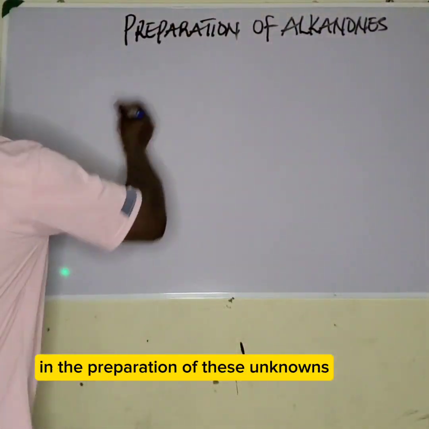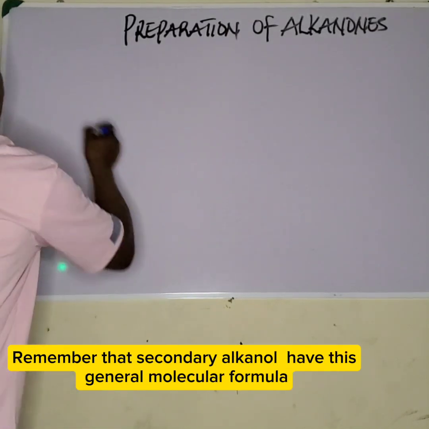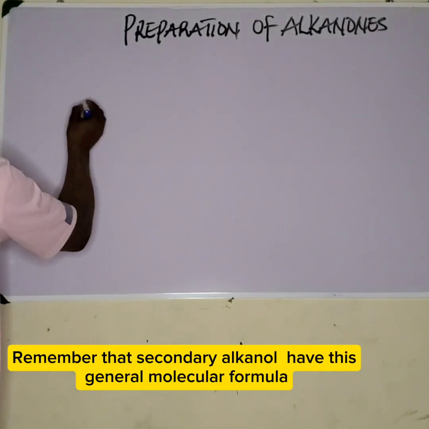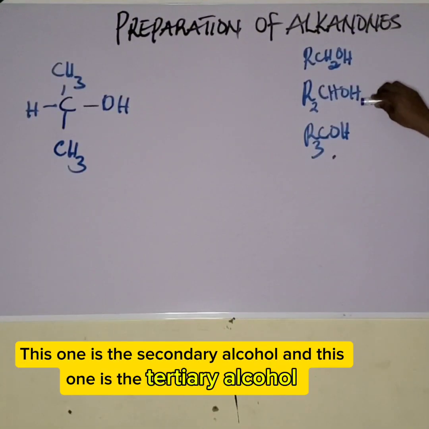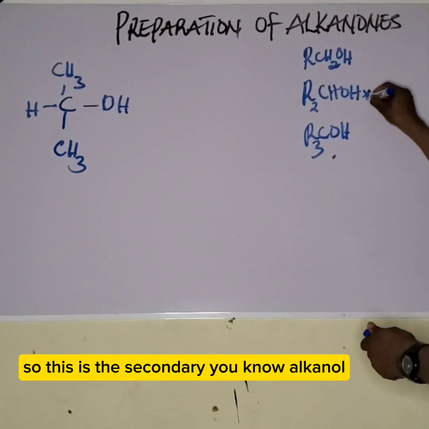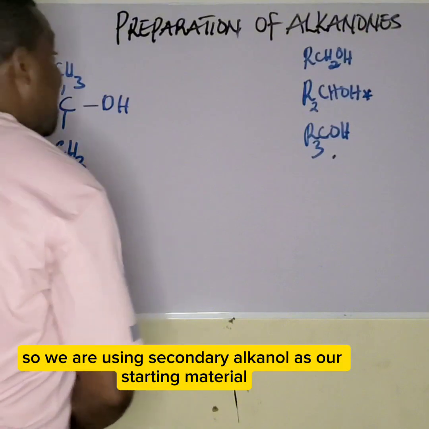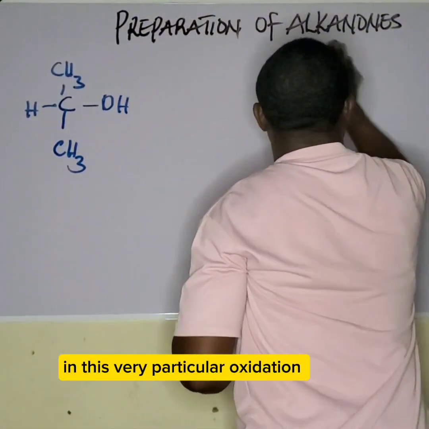In the preparation of these alkanones, remember that secondary alkanols have this general molecular formula. This one is the secondary alkanol and this one is the tertiary alkanol. So this is the secondary alkanol. So we are using secondary alkanol as our starting material in this very particular oxidation.